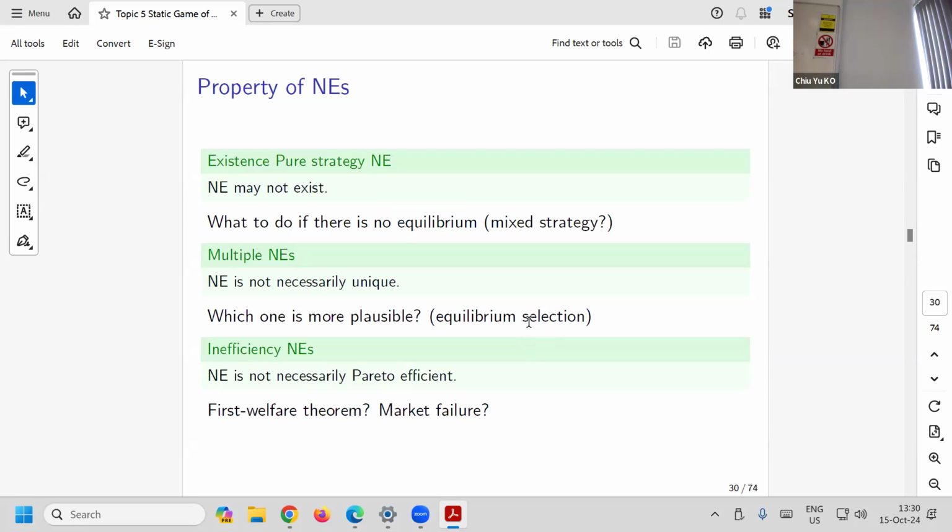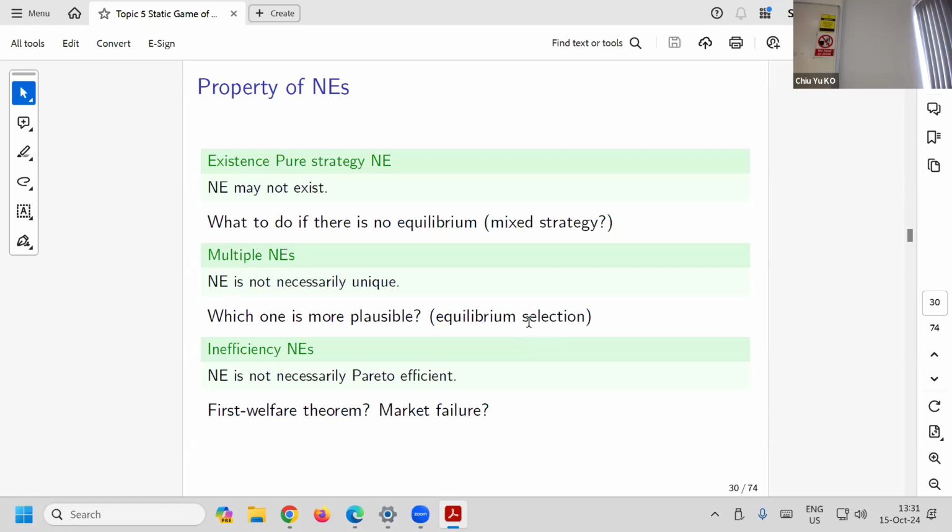So first, although this equilibrium solution concept is actually more useful than dominance, it need not exist. And indeed, existence, under what conditions it exists, is a big topic in the literature.